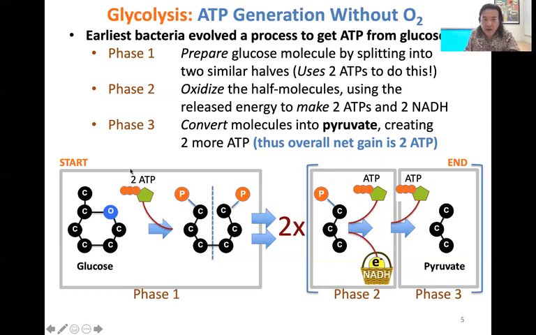So phase 1 of glycolysis is sort of manipulating this glucose to basically make it sort of a symmetrical molecule, right? And the way that cells do this is they actually have to use up 2 molecules of ATP to get the phosphates on them, right? So 2 molecules of ATP get used by the cell here in an enzymatic reaction, right?